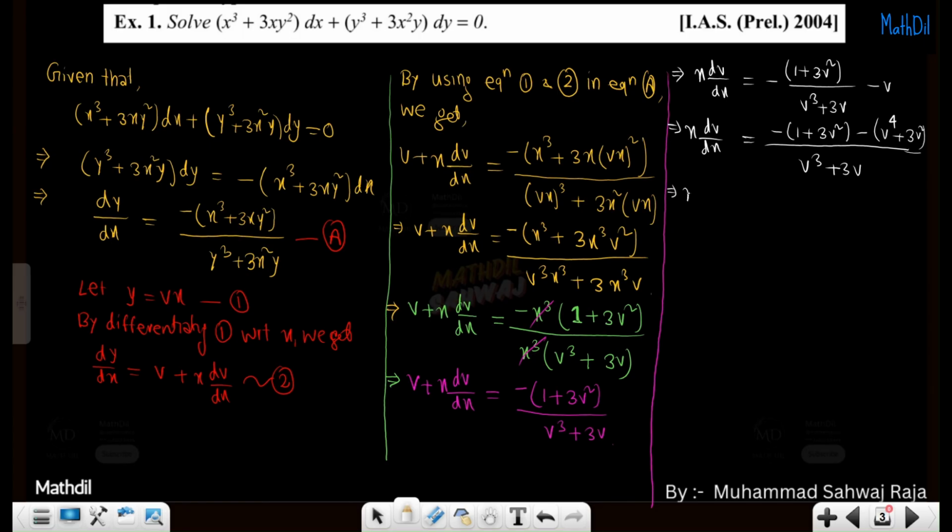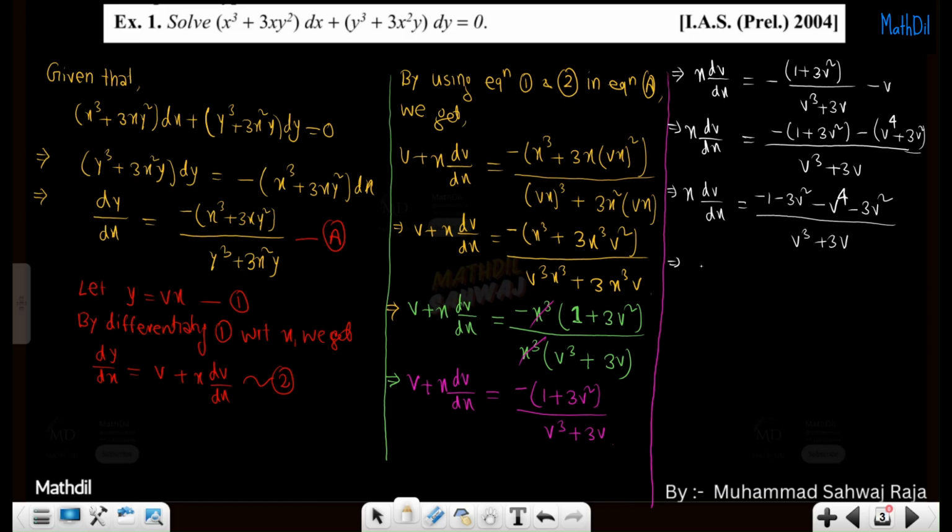What will you get? It will be x into dv/dx equal to minus 1 minus 3v square, just open the bracket, nothing else, minus v to the power 4 minus 3v square, right? This is a square, don't be confused with that, okay? All over v cube plus 3v, right?